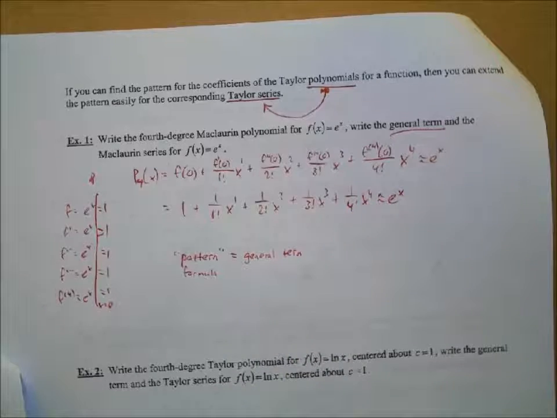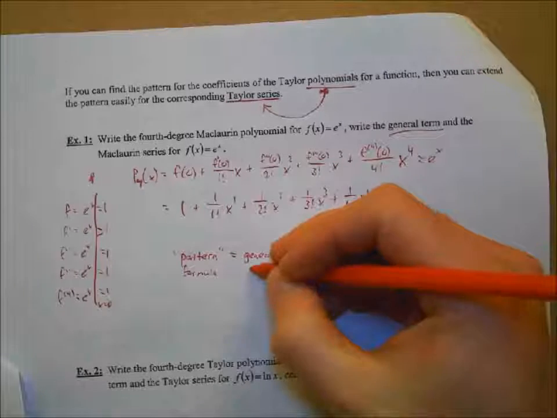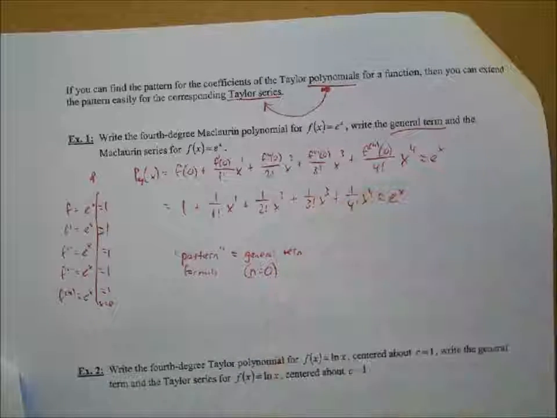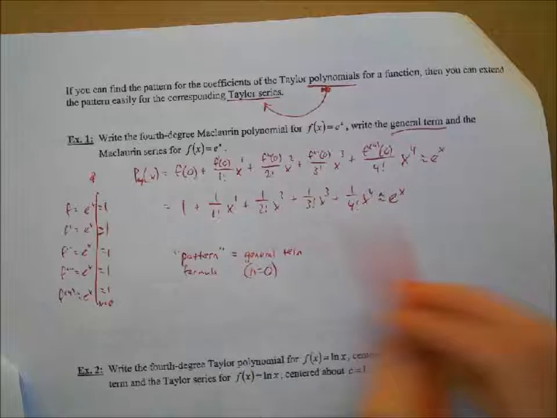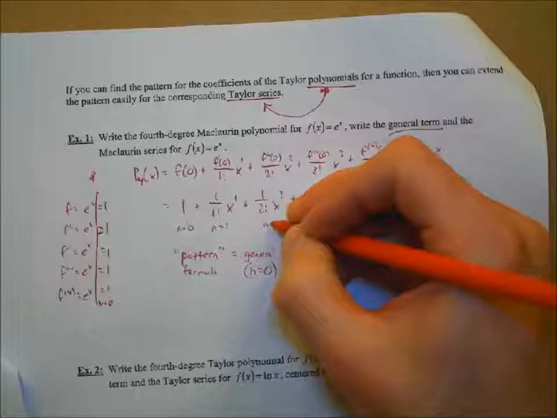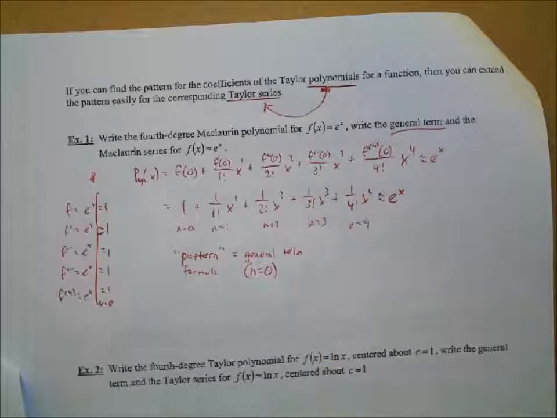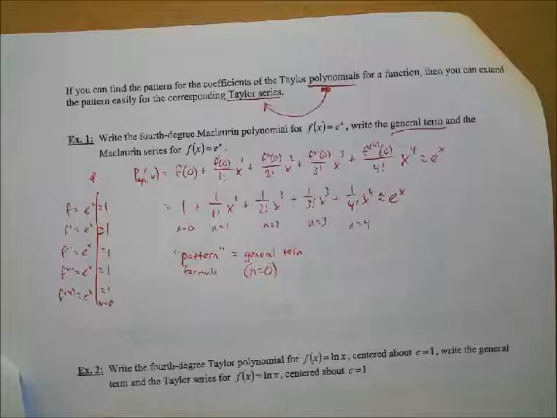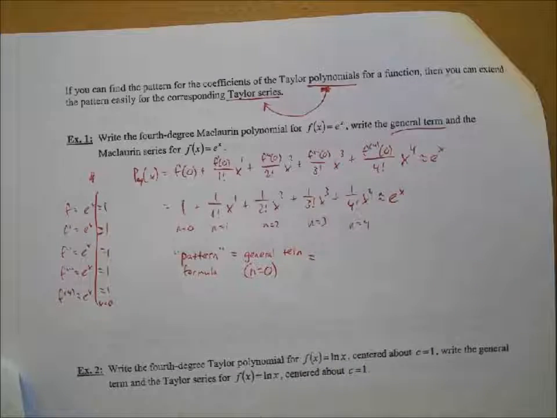All right. And a good place to start here would probably be with n equal to 0. So if we look, that would mean this is our n equals 0 term, this is our n equals 1 term, this would be our n equals 2 term, this would be our n equals 3, this would be our n equals 4, so on and so forth. So, what is our general term going to equal?